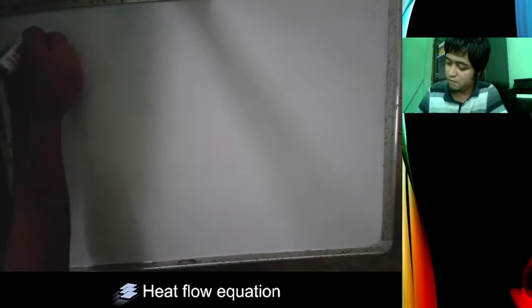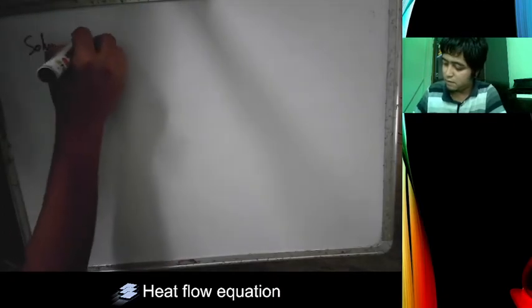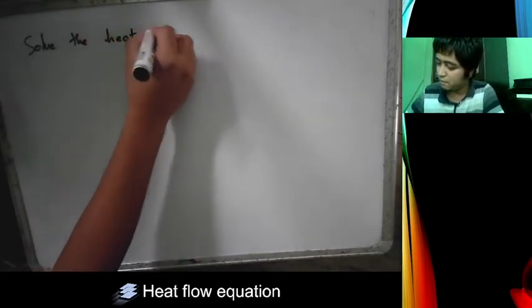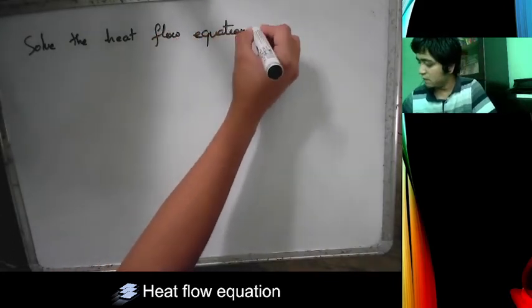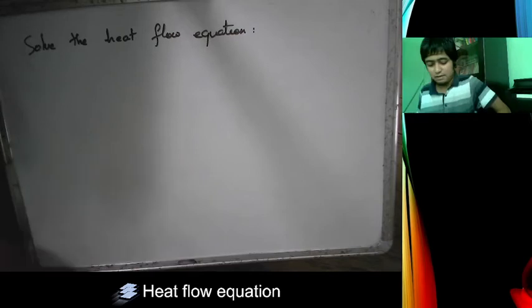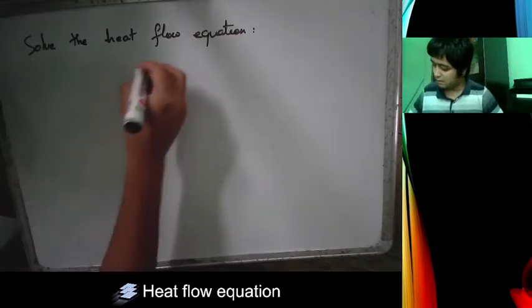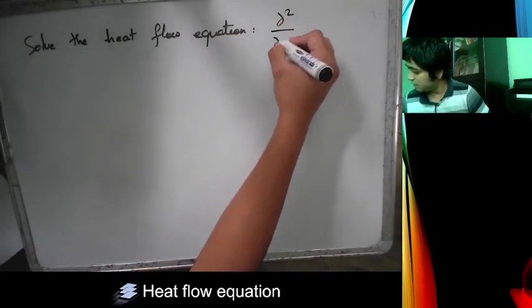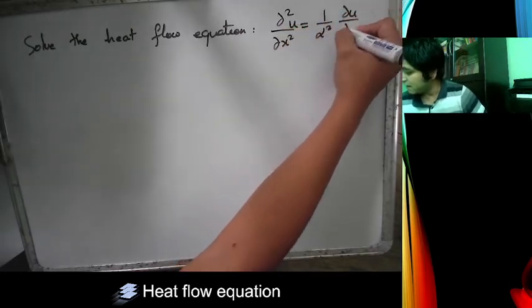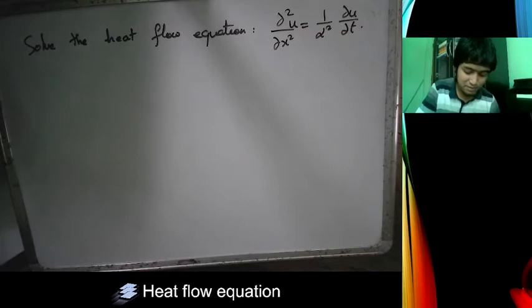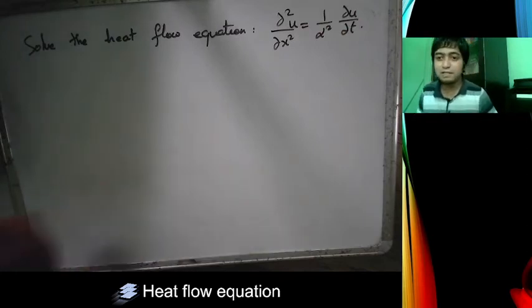Okay, with this being said, let us just go ahead to an example. Solve the heat flow equation, for this case, the heat flow derivative, 1 by alpha squared del u by del t, as we have seen. So we are going to solve this one for these conditions.